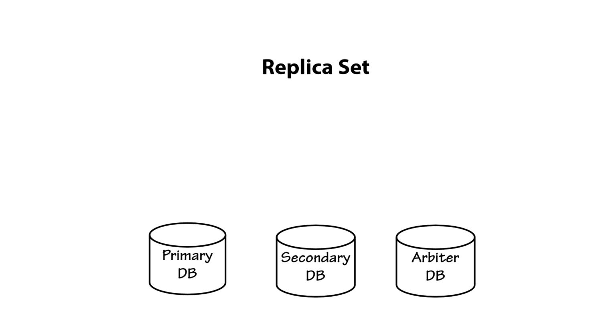It's not done automatically, because you may have multiple secondary DBs which could become the primary. That electing part is the job of the arbiter DB. In detail we'll see it some other time.